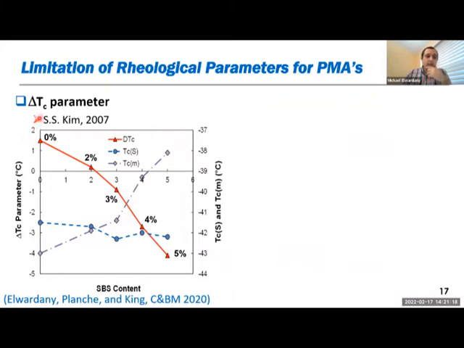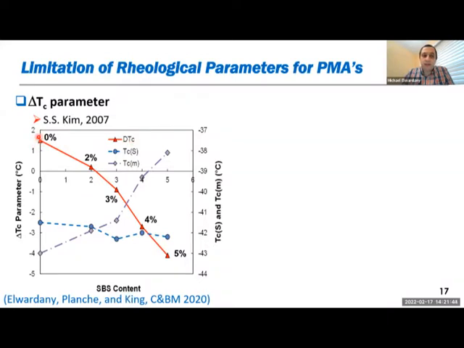This is the delta TC parameter, with data that we collected from Sang-Soo Kim in 2007. We have 0% SBS binder, so that's the base binder, then 2%, 3%, 4%, and 5% SBS. The red line is delta TC.